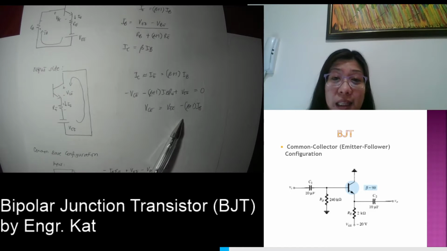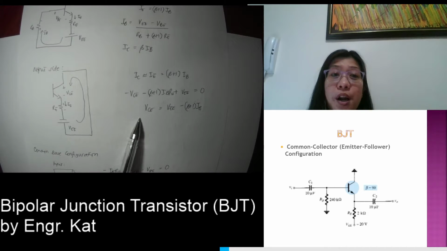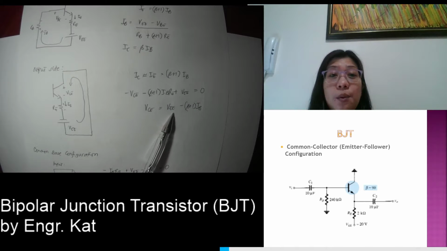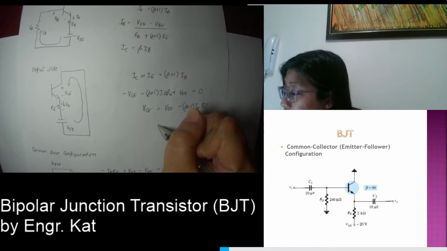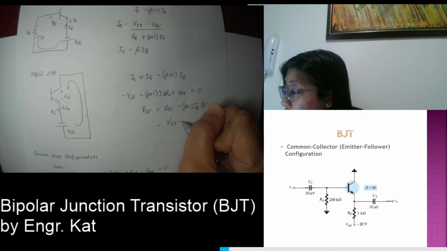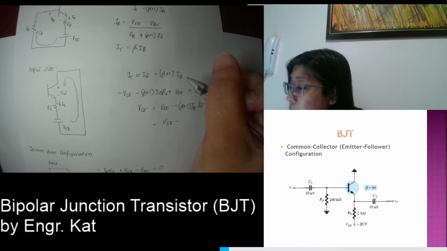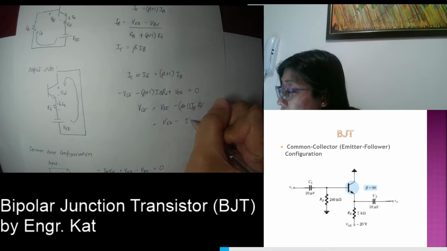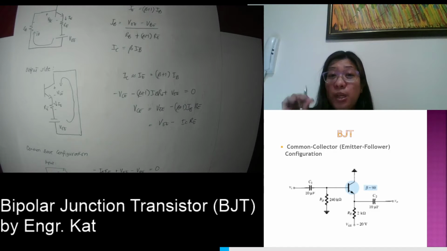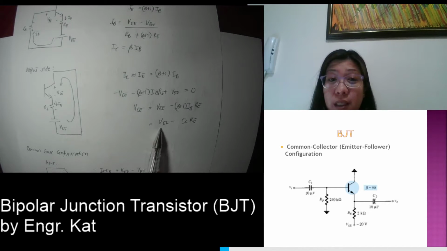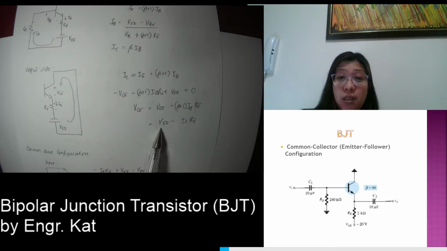The only unknown is your VCE, and VCE is equivalent to VEE minus beta plus 1 IB multiplied by RE. Or you can also write this as VEE minus IC multiplied by RE, since IB is approximately IC. The only difference is that instead of using VCC, we used VEE because the supply is located at the emitter line.